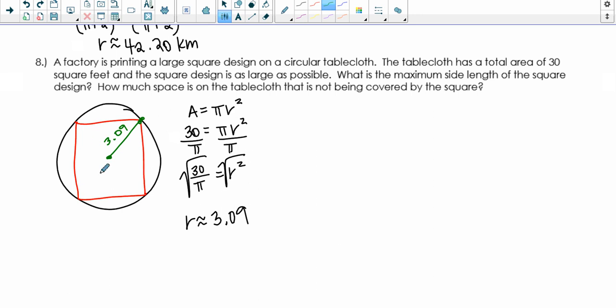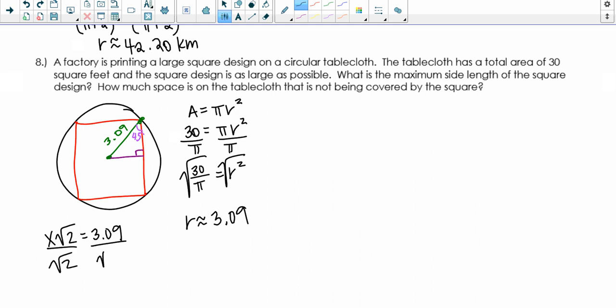Right? Well, if this is 3.09, going back to our special right triangles, drop down your altitude. This is a square. So if you think about it, these are all 90-degree angles, right? We talked about this yesterday, which means this is 45 degrees. If this is 45 degrees, this is 45 degrees, that's your hypotenuse. So we are going to do, and again, you can use trig, but I'd rather not, that means x root 2 equals 3.09 because it's the hypotenuse, so we're going to divide by root 2.